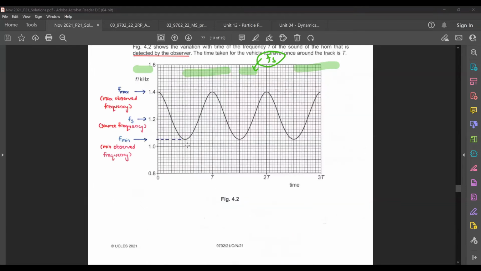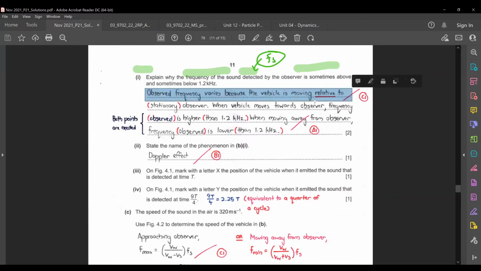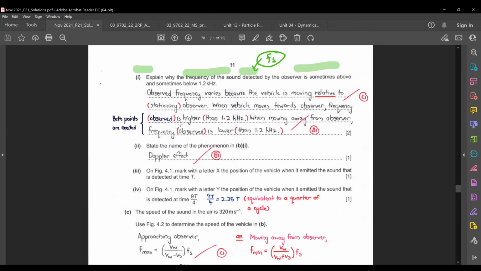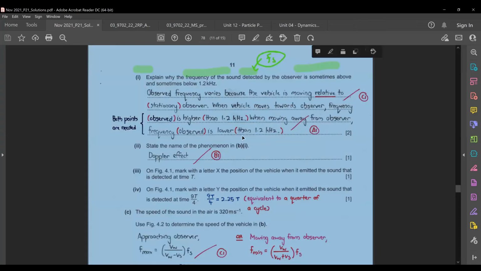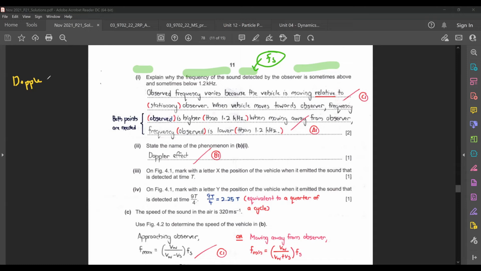So this one by now you should know is due to Doppler effect. So you can mention something like this. Observed frequency will vary because the vehicle is moving relative to the observer. When the vehicle moves towards the observer, the frequency observed is higher than 1.2 kilohertz. But when moving away from the observer, the frequency observed is lower, because that's what you learned from Doppler effect, right? There were only two things that you really needed to know.